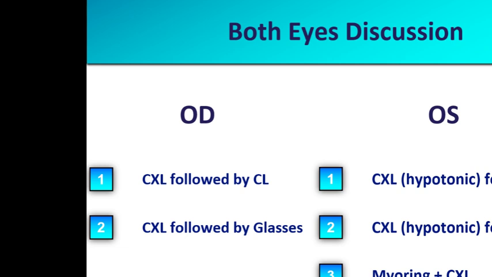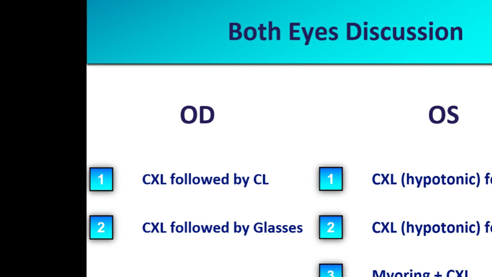Every 1 minute, you put a drop for 5 minutes. Then you measure the thickness of the cornea. If the thickness is 400, you go for UV. If it is still below 400, you give additional 5 minutes of the hypotonic.